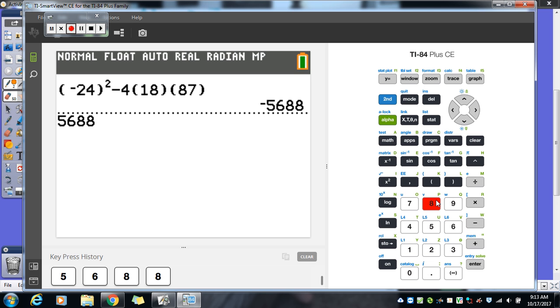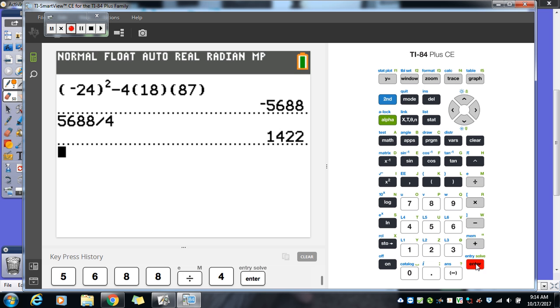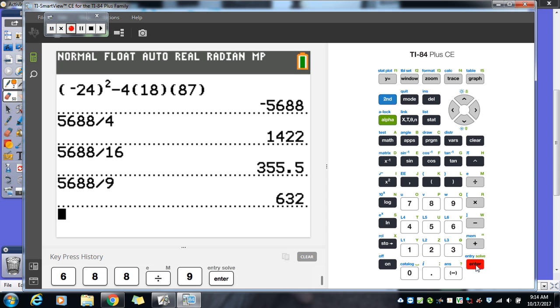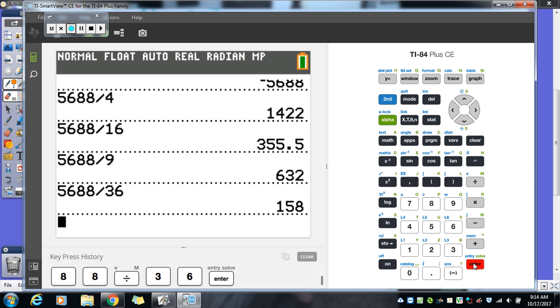5,688. Let's try to divide by 4. Okay, well, at least 4 goes in, so we know at least 4 works. I'm going to keep trying to see if I can find a bigger one. So let's try 16. Nope, 16 doesn't work. Let's try 9. Oh, 9 works. Maybe there's a bigger one still. Let's try 36. Oh, 36 works. Do we think there's going to be a bigger one?